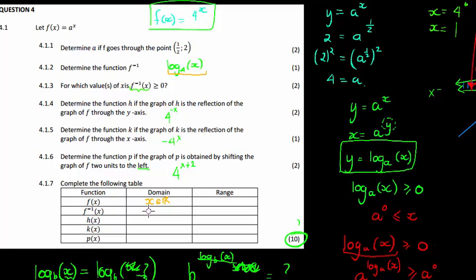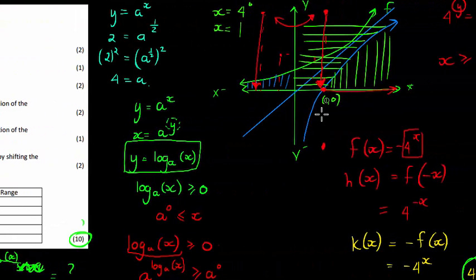x can be any number except for 0, because with log you can't have 0 where x is. Think of the log graph. You're right, I never touch the 0. x can never be 0. Yes. But what else can it not be? A negative number.